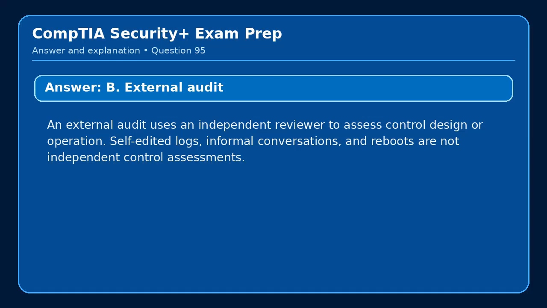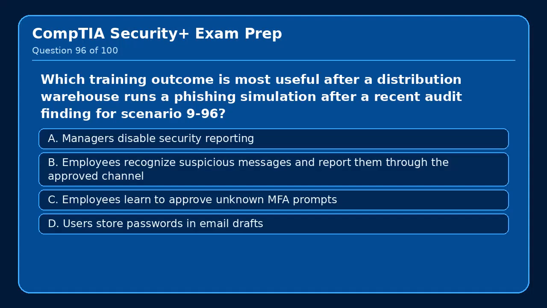D. Rename the firmware file after download. Take a moment to choose your answer. The answer is B. Compare the vendor provided hash with the downloaded file hash. A cryptographic hash changes when the file changes, making it useful for validating integrity. Compression, renaming, and disabling logs do not prove that the file contents remained unchanged.